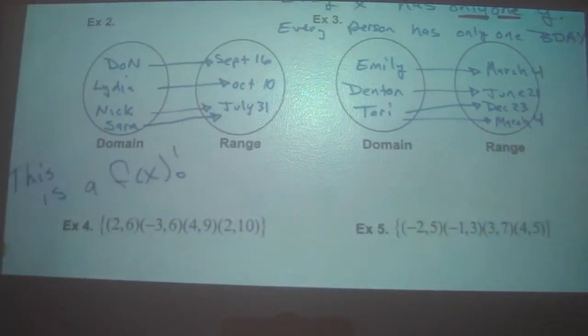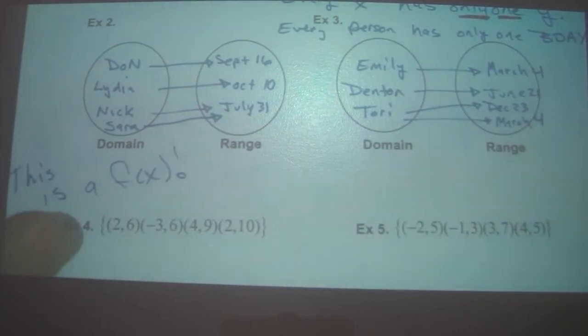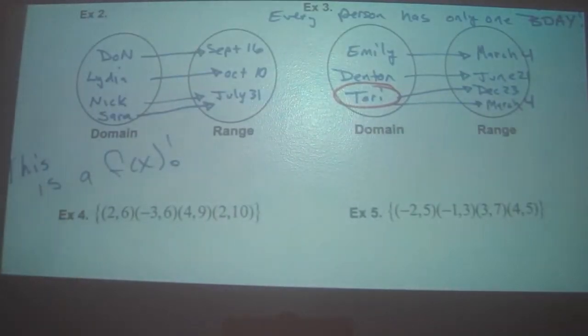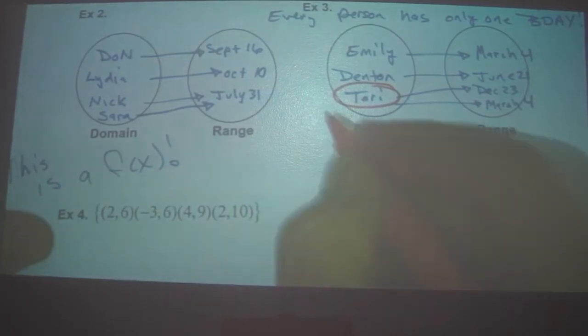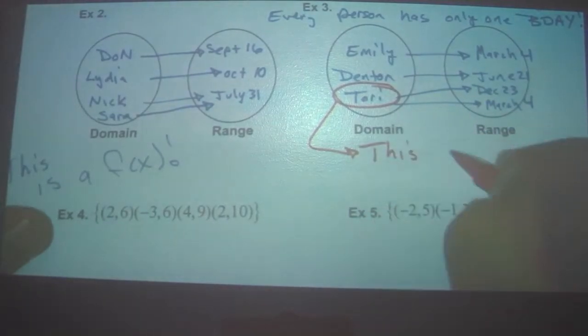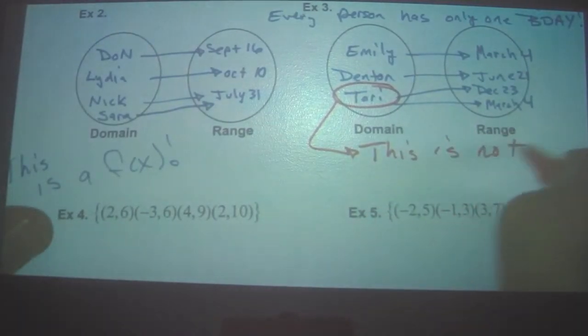I know. You cannot have 2 birthdays. You can't do that, Tori. So Tori, silly Tori, says she has 2 birthdays. That means this is not possible.